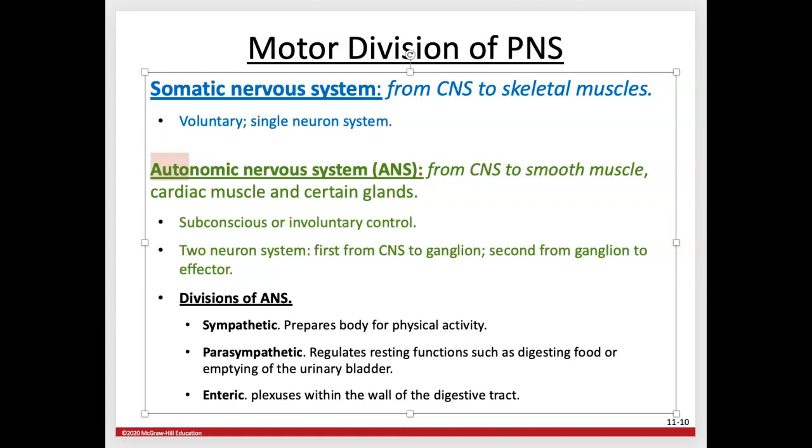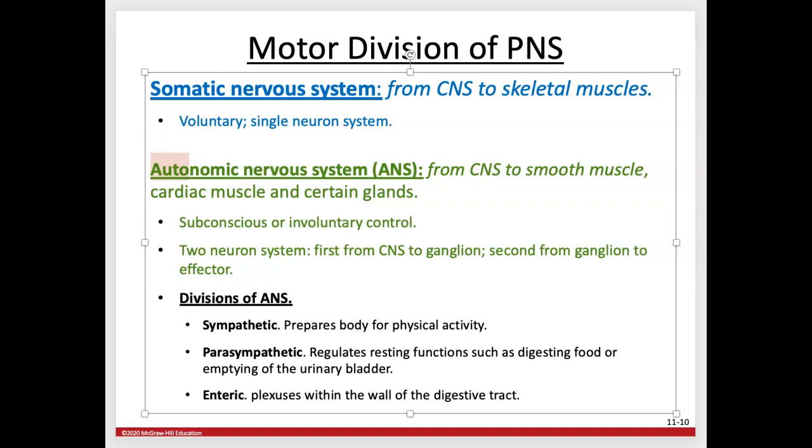There are various divisions of the autonomic nervous system. There is the sympathetic nervous system, which prepares the body for physical activity. There is the parasympathetic nervous system, which regulates resting functions, specifically digesting food or emptying the urinary bladder.